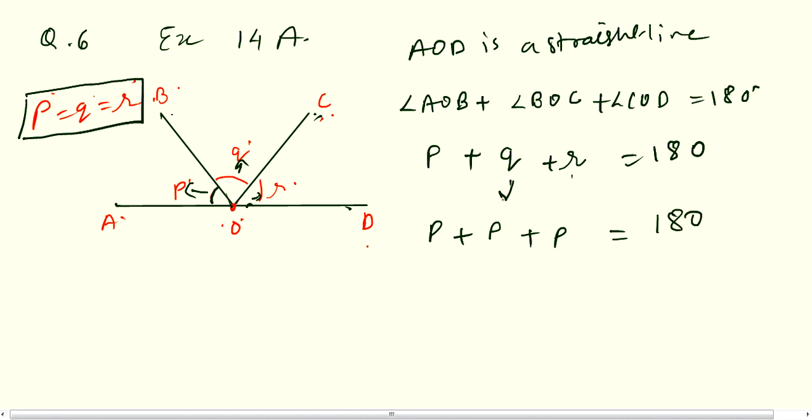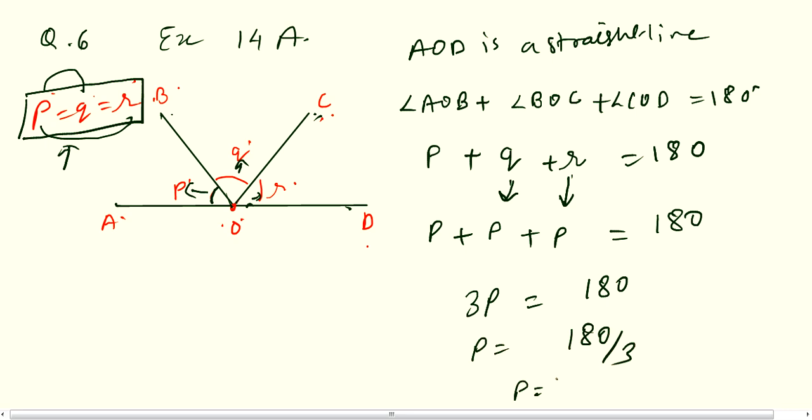Why are we writing P in place of Q and R? Because it is given in the question: angle P equals Q and angle P equals R. So from here you will get 3P equals 180, P equals 180 by 3, so P equals 60 degree. Now if P is 60 degree, that means Q is also 60 degree and R is also 60 degree.